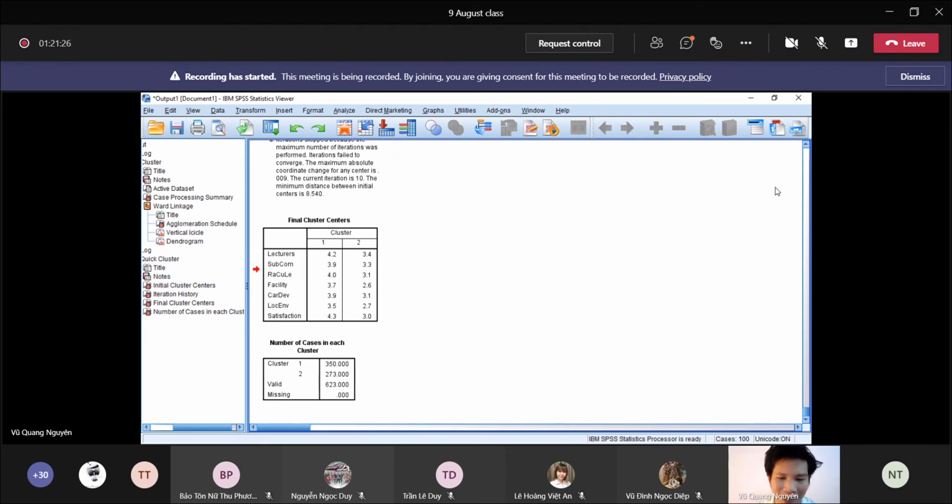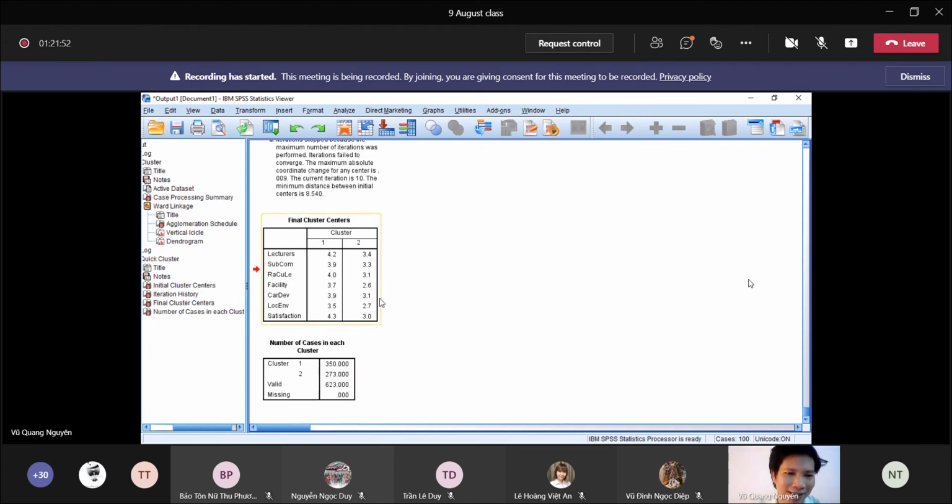What we want is like this. What we want in management is that if we have 2 clusters, then you must say, for example, the first cluster, people who care about lecturers, subject complexity, and rationality of curriculum length. If we target them, we improve lecturers, subject complexity, and rationality of curriculum length.